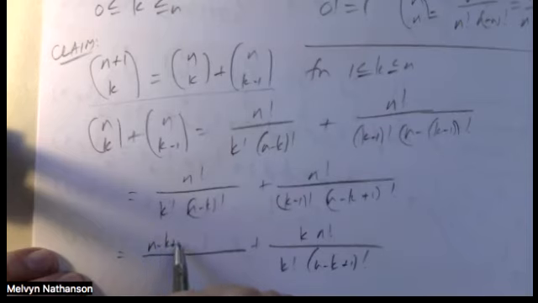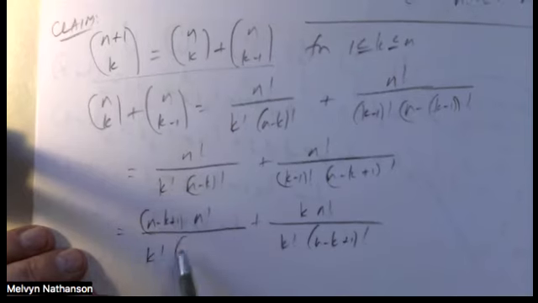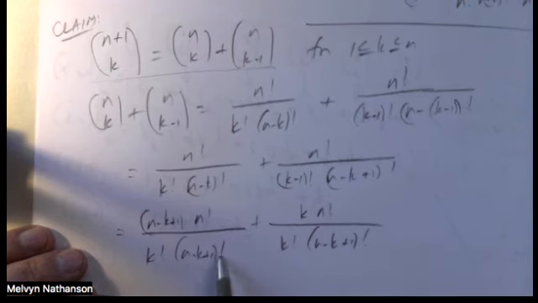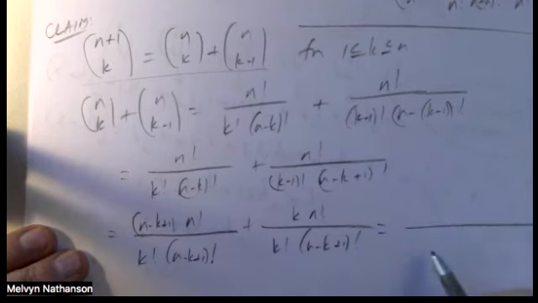It's n minus k plus 1 times n factorial. And when I multiply the denominator by n minus k plus 1, I get k factorial n minus k plus 1 factorial. And now these two fractions have the same denominator, k factorial times n plus 1 minus k factorial.